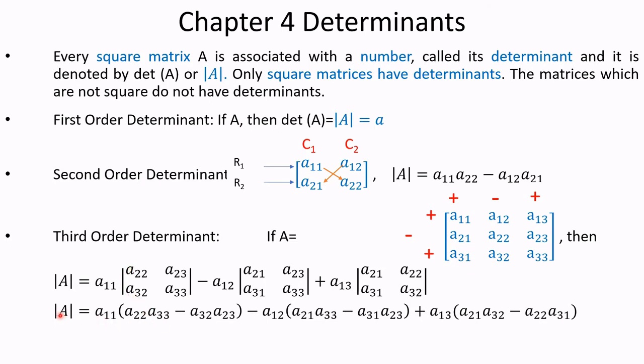That is, determinant A is equal to A11 into A22 into A33 minus A23 into A32, and then minus A12 into A21 into A33 minus A23 into A31.